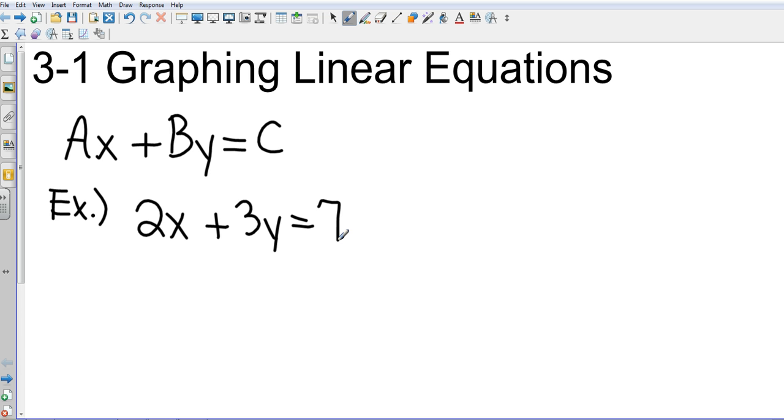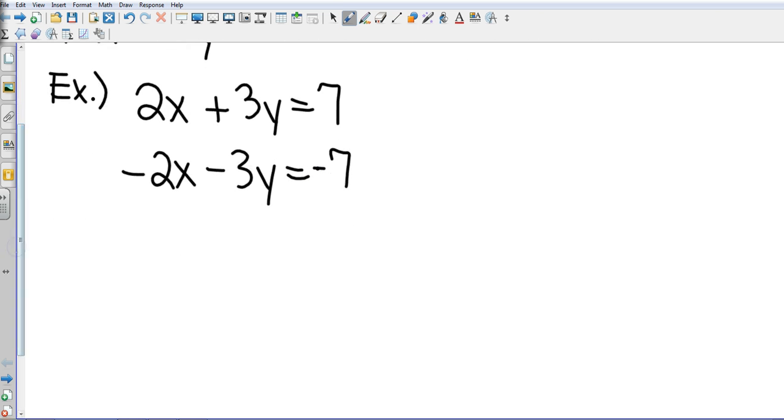You might see something, if it's negative, it's okay. You could also see things that maybe just have an x value.